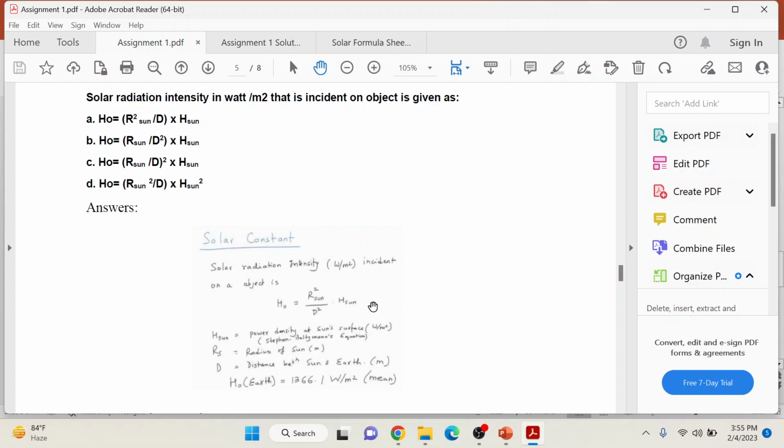And the distance of Mercury is given. So if we know the H naught of Earth, then we can calculate the H naught of Mercury, right?